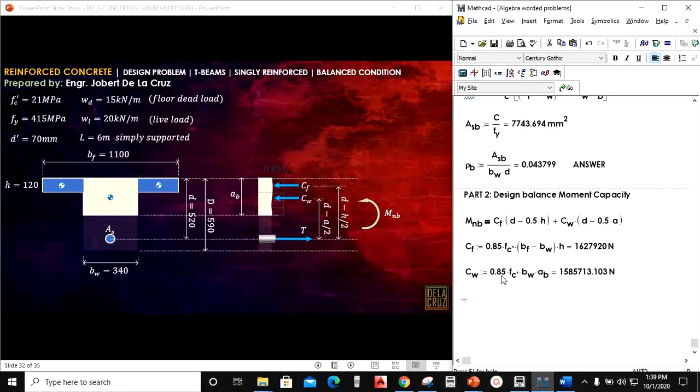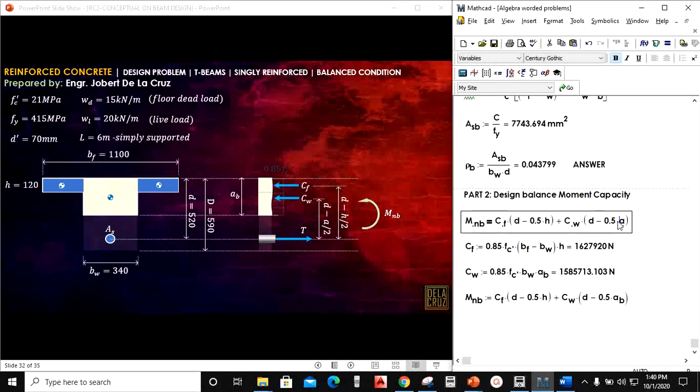Then, I will just substitute that one all to here. Okay, so, our Mnb is equals to Cf times d minus 0.5 of hf. Plus Cw times d minus 0.5, of course, dito, that should be a balance. Okay, so we are considering the balance condition dito. Okay, ilagay ko lang dito, a balance.